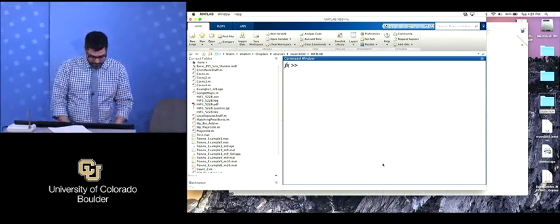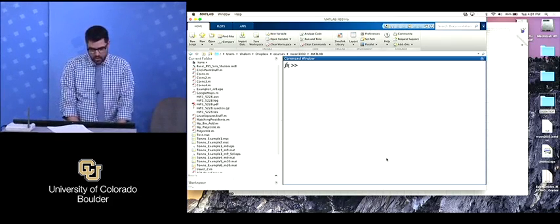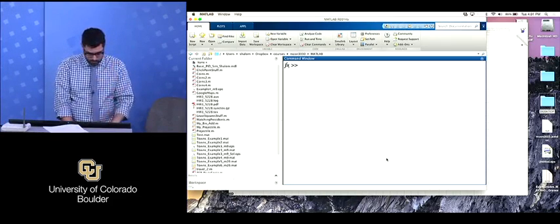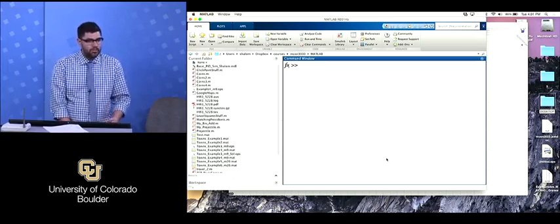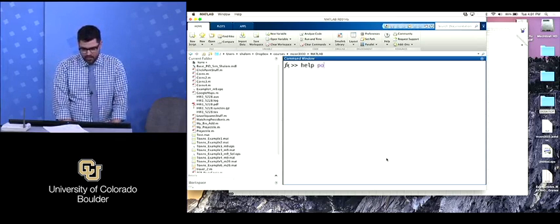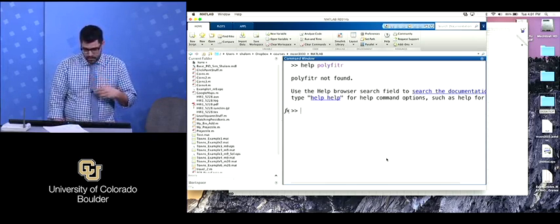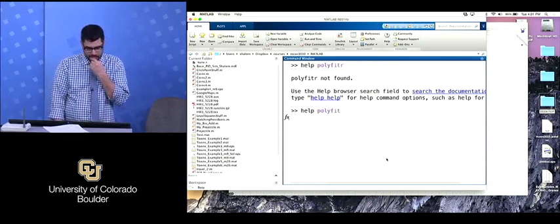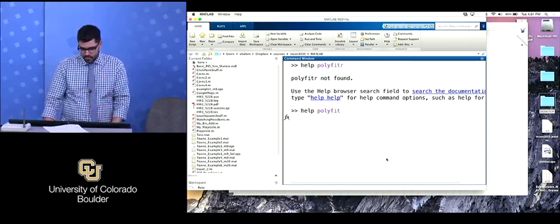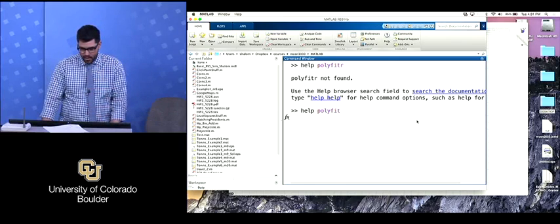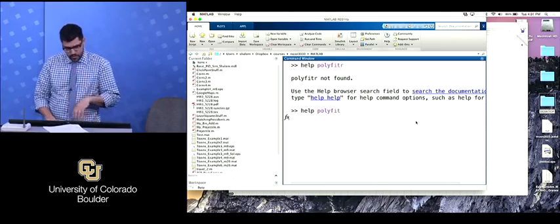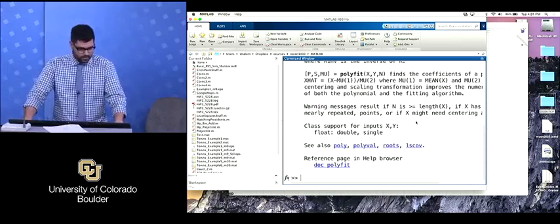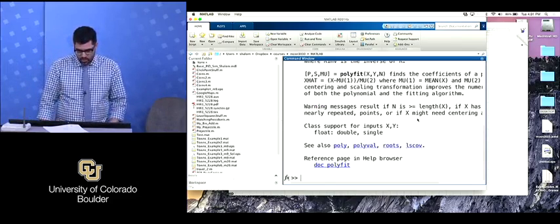So one thing I could do is just use Matlab's internal function. If I go help polyfit, I think it's polyfit. I've got my X and my Y too. Those are my data. So here's my polyfit.